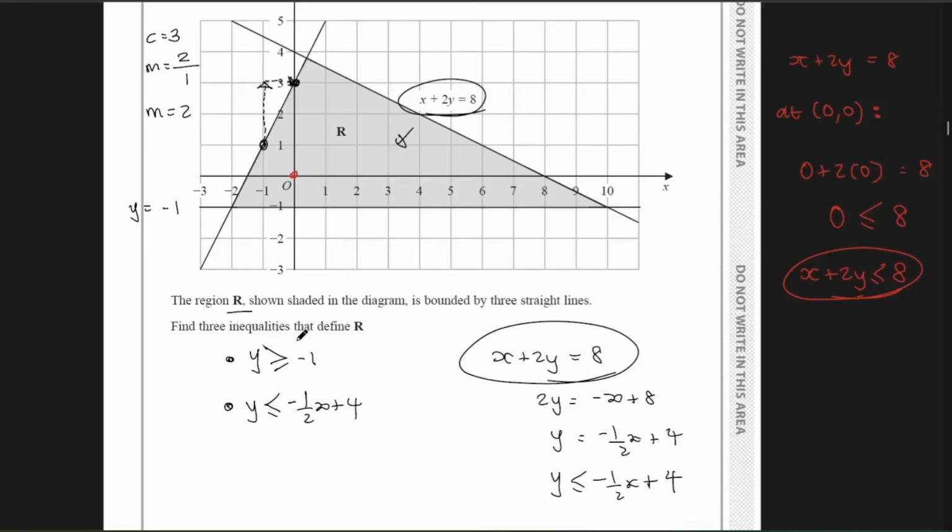Therefore, this equation is y equals 2x plus 3. And we can see the region lies below the line. It's not above the line, it's below the line. So we can just say the inequality that defines this region using this line is y less than or equal to 2x plus 3.